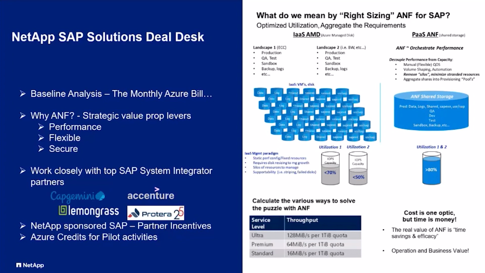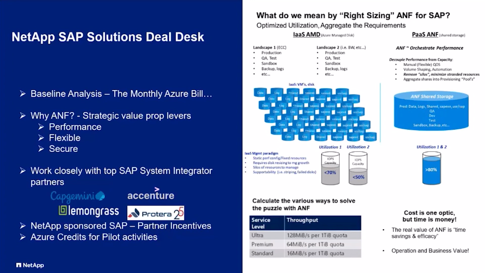And they also work with the top SAP system integrators. I've named a few here on the slide, Capgemini and Accenture, and there's a few smaller ones that are coming up. And what they do is they incentivize these SIs to architect using Azure NetApp Files, and NetApp has a partner incentive program for SAP.